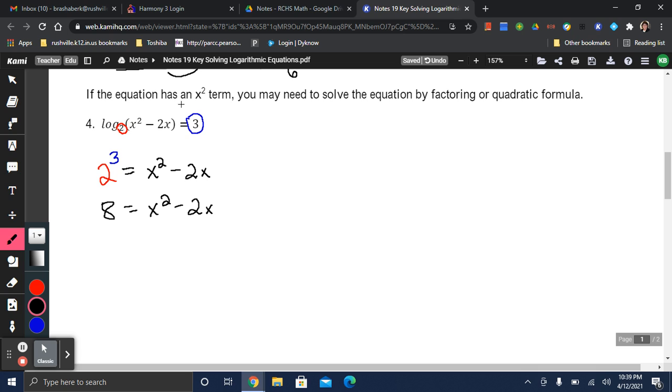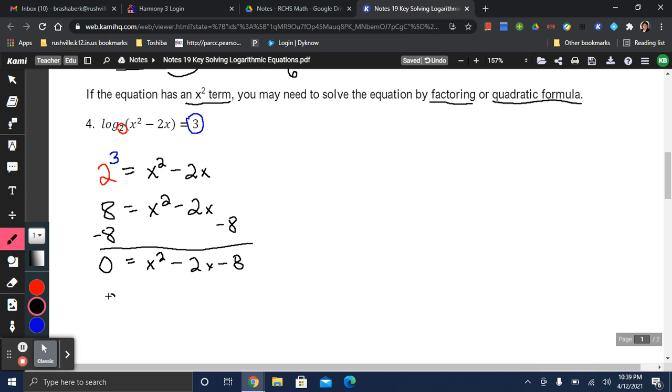Now, if an equation has an x squared term, you may need to solve by either factoring or the quadratic formula. So I'm going to need to get the equation equal to 0. And that'll give me 0 equals x squared minus 2x minus 8.